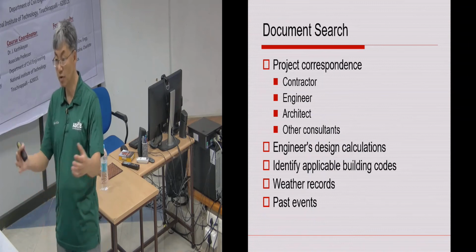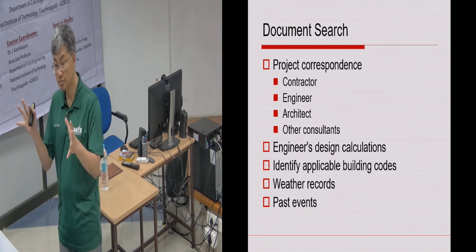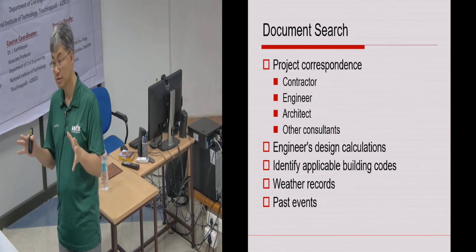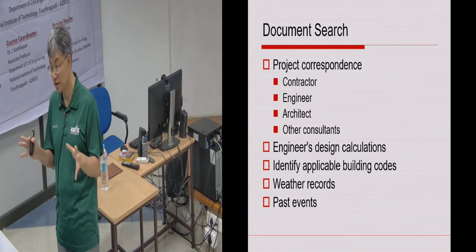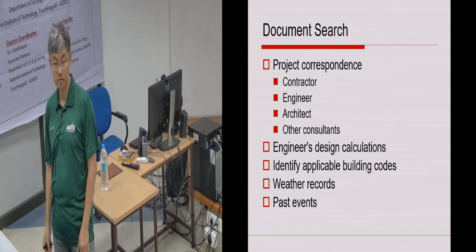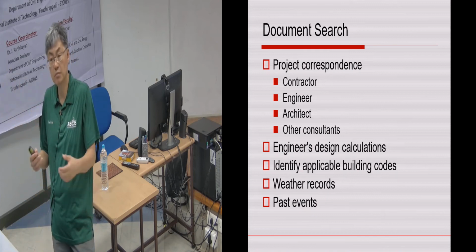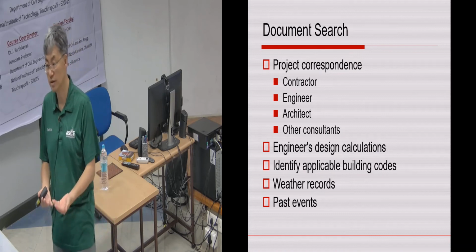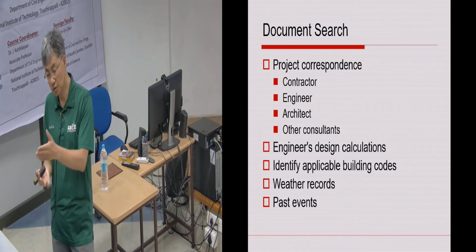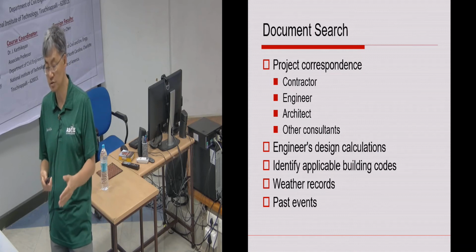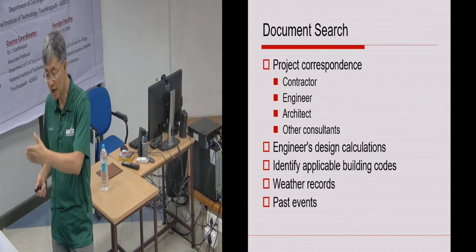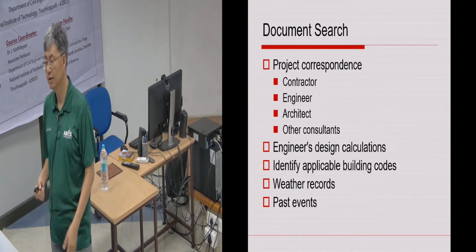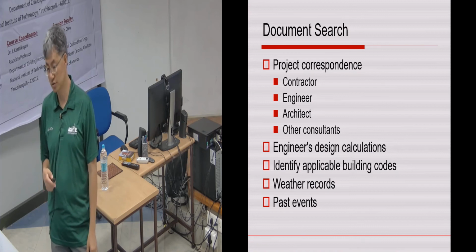Then when it blew up, the vibration became much larger than the limit state, and buildings got damaged. But people didn't realize that was a problem because they were busy doing construction. All these are your critical evidence in correspondence. Being able to build a time history of what happened is extremely important in forensic engineering.